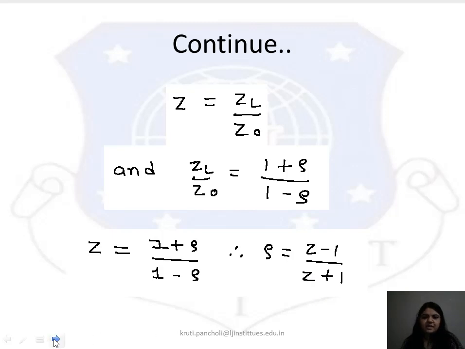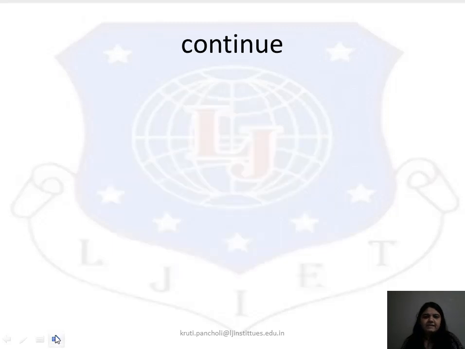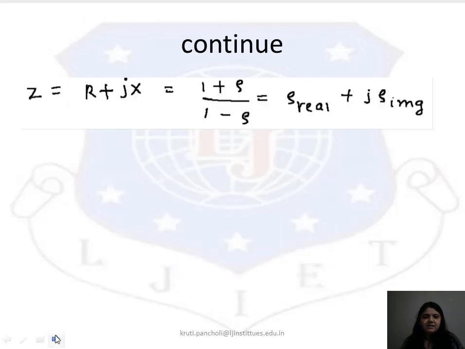Rho consists of two elements, one is the real part and another one is the imaginary part. So the impedance Z is equal to R plus jX, resistive and reactive. It is equal to 1 plus rho upon 1 minus rho.